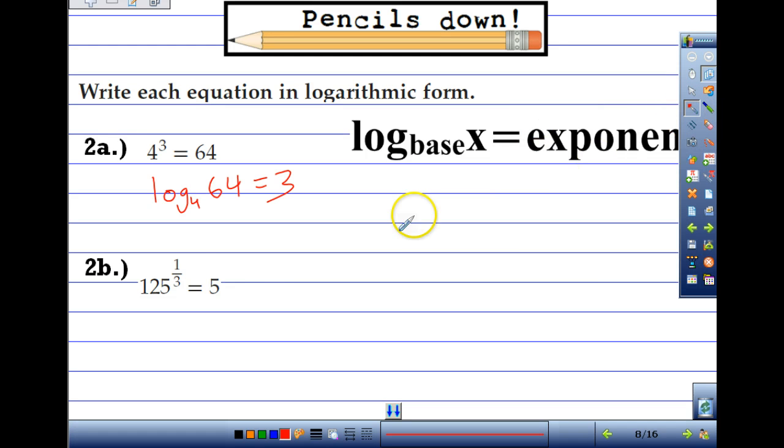Got your answer? Want to give it a shot? Log of base 125 of 5 equals... The exponent is always the answer to a logarithm problem because that's what we're solving.